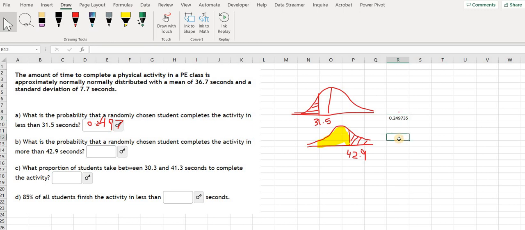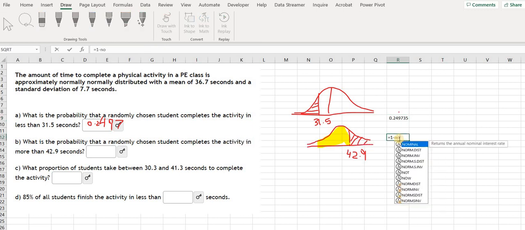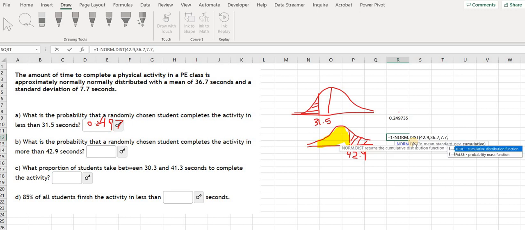We're going to say this is equal to 1 minus norm dot distribution of 42.9, comma, the mean, which is 36.7, comma, the standard deviation 7.7, comma, true.